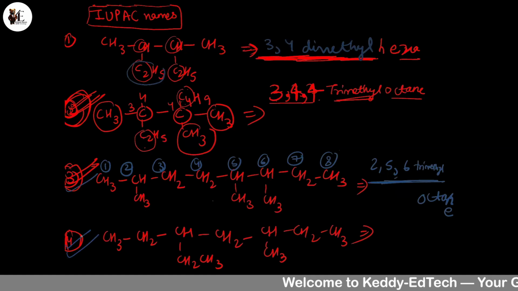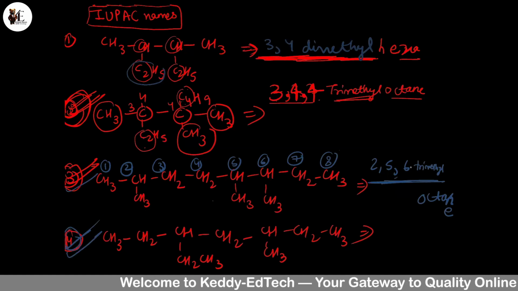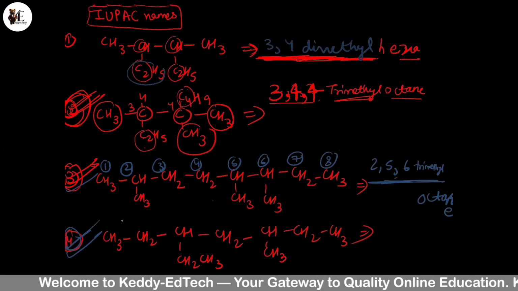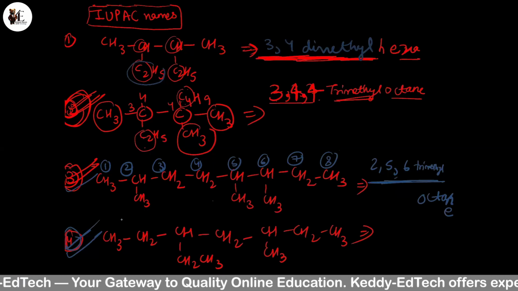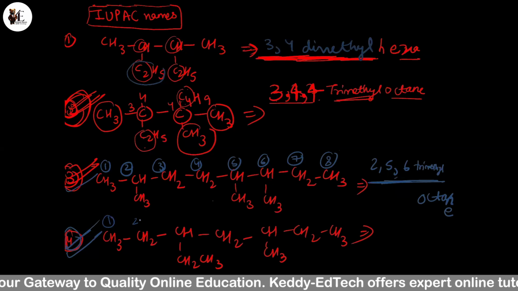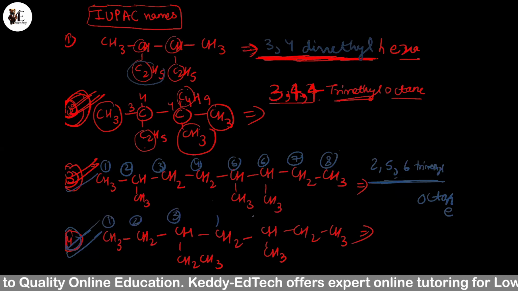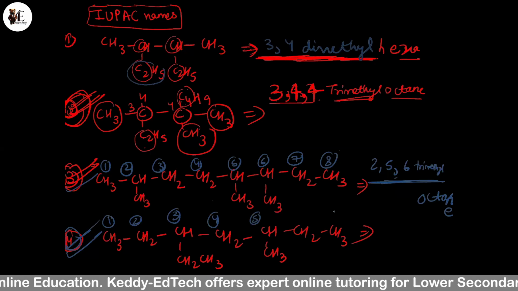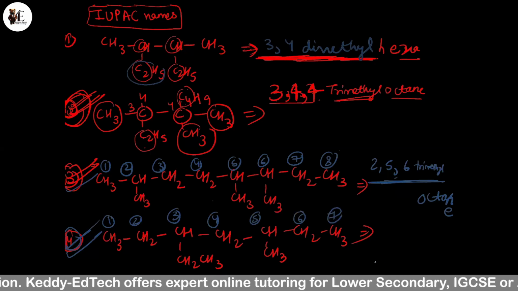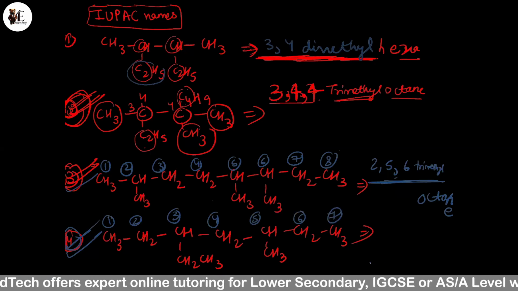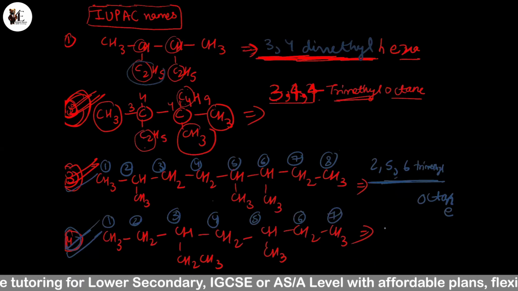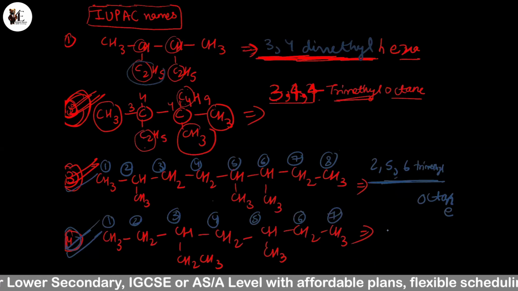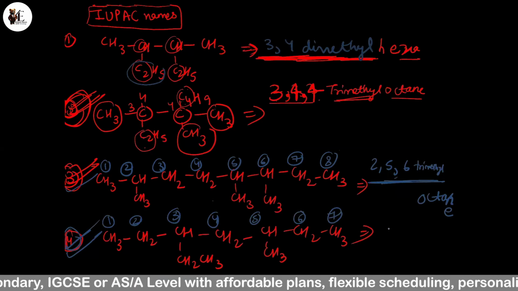Now quickly tell me the name of the fourth part. Fourth part means fourth reaction. Counting will start from left or right? Left. Yes, very good. 1, 2, 3, 4, 5, 6, 7. What should be the IUPAC name then? I'm not sure about the group on the third carbon.